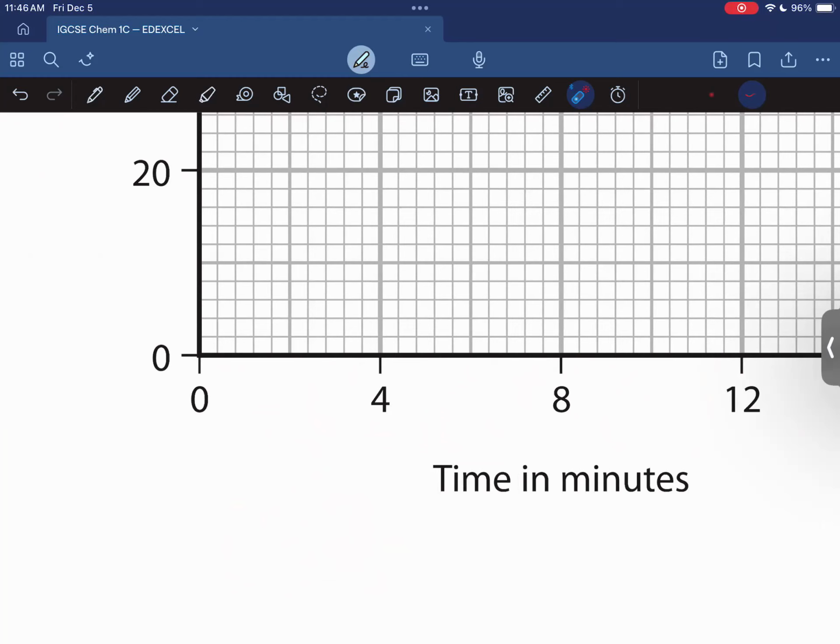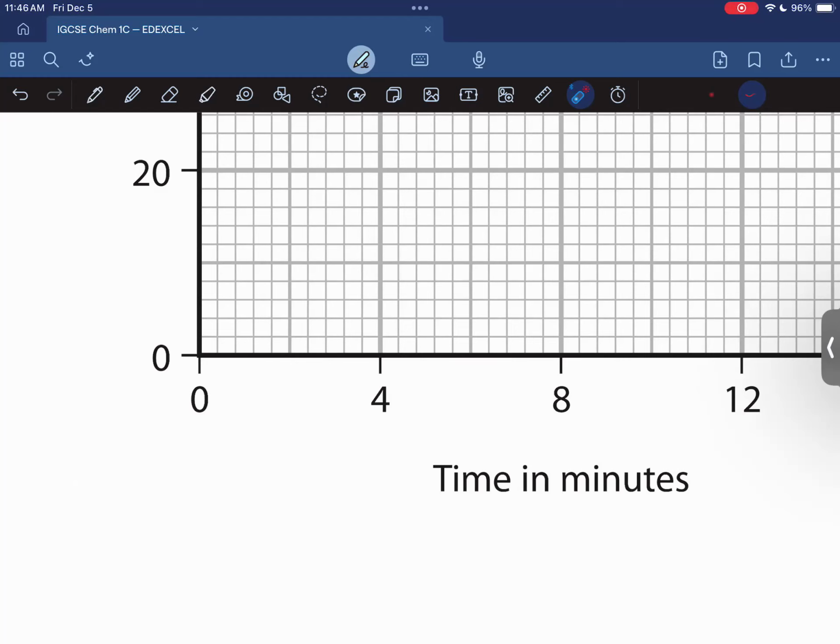Give me a moment, let me get my calculator. Sorry for the delay. Let me calculate this: 4 divided by 10, 0.4 times 5.